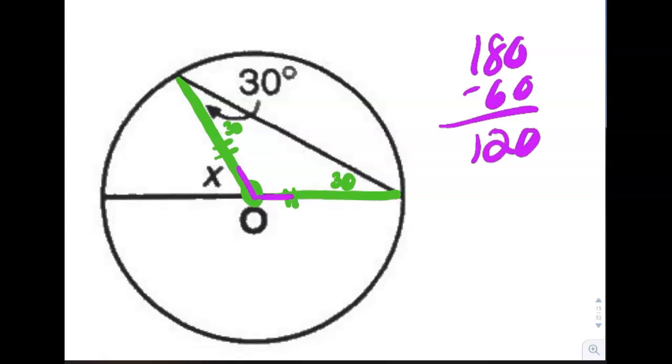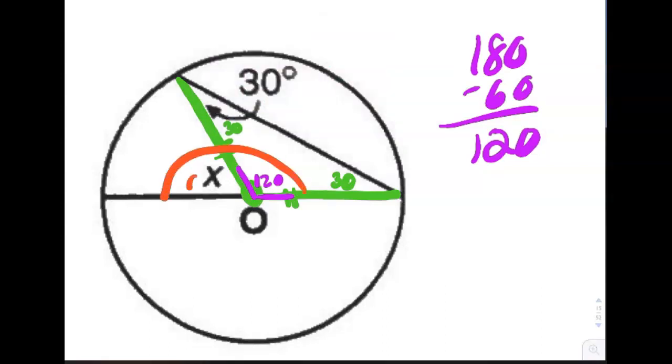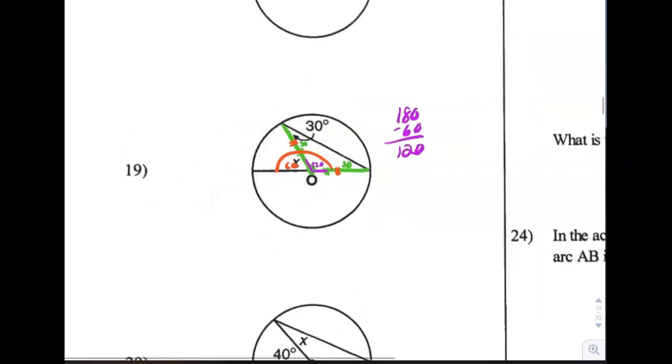This one here is 120, right? Because an entire triangle, I'm talking about this triangle, would be 180. So if that's 120, what's right next door to 120? 60. A lot of isosceles going on with radii.